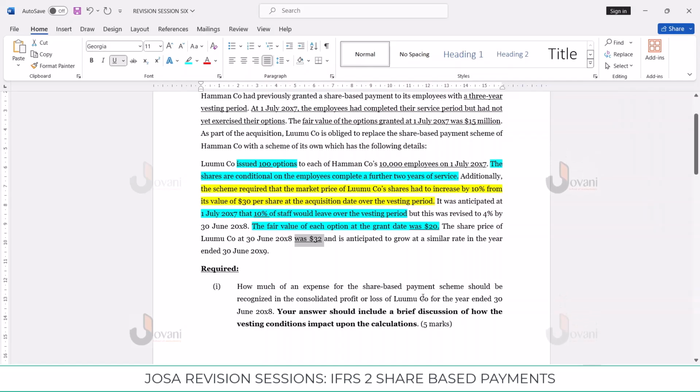In accordance to IFRS 2, the share should be recognized if the service performance has been accomplished. Probably partially you can get a mark. I would say here good. Furthermore, the market condition of the rise of the shares from its current price should not be considered, for it has already been incorporated into the share price.